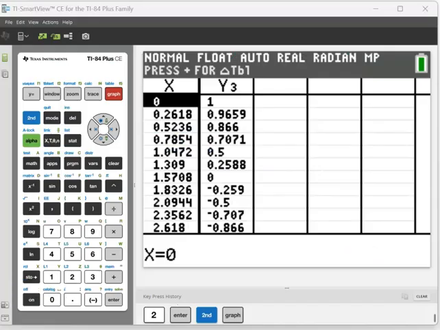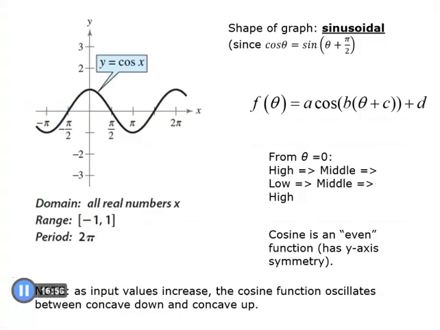Once again, if you used your graphing calculator, here would be the values for the cosine function. And notice that the same y values happen, they're just in a slightly different order. All right, here is our general cosine curve. By the way, the shape of the cosine curve is also called sinusoidal.